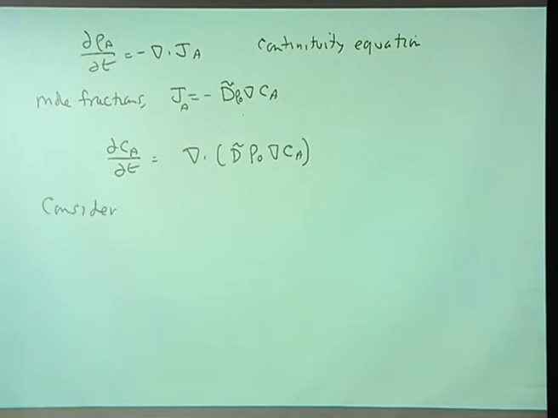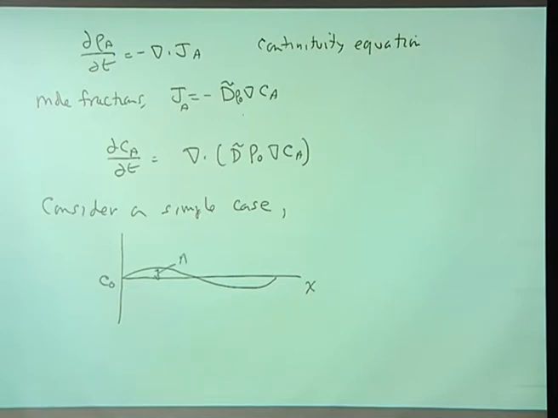I just want to illustrate a case where you start off with a composition profile that looks like this. Let's just do this in one dimension just to make life really easy. So you start off with the composition profile that's a sinusoidal perturbation about some average composition.